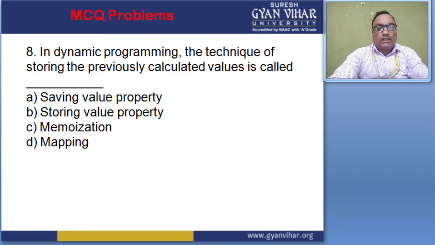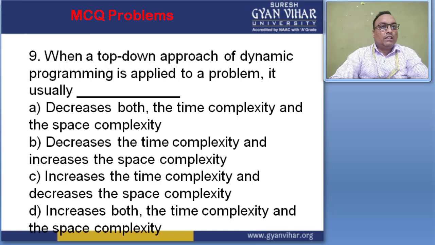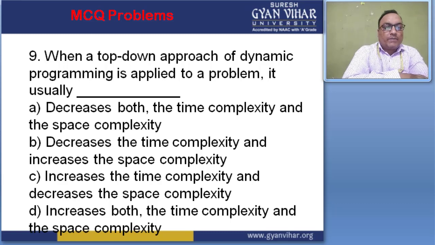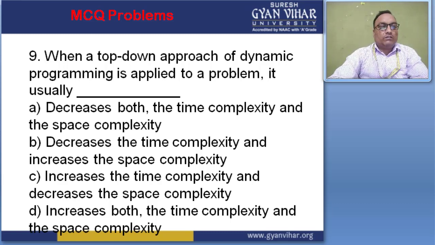And then move to the next. When the top-down approach of dynamic programming is applied to a problem, it usually decreases the time complexity and increases the space complexity. So B is the right answer for this question.